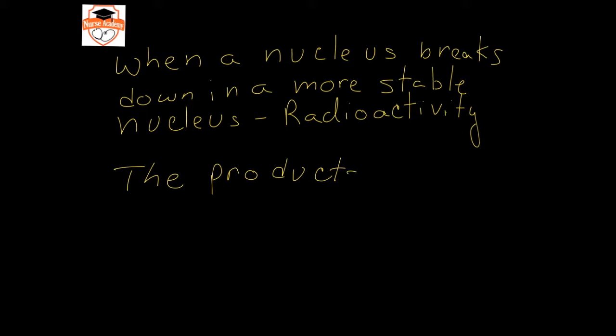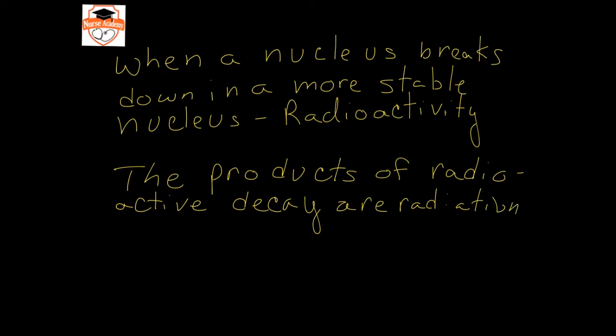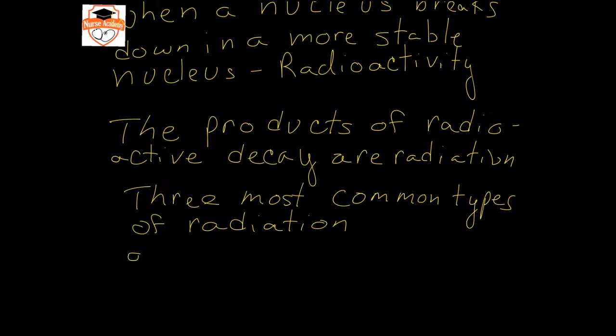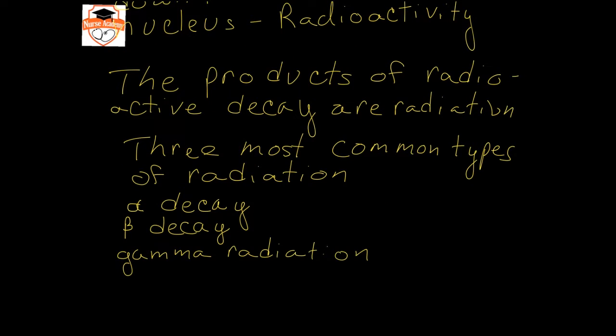The products of radioactive decay are what we call radiation. The three most common types of radiation are alpha decay, beta decay, and gamma radiation. Alpha decay is a helium nucleus.